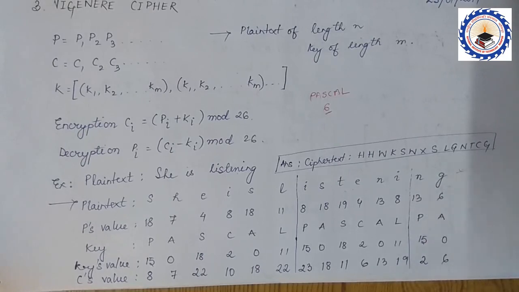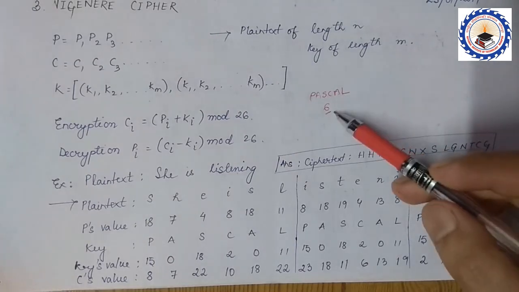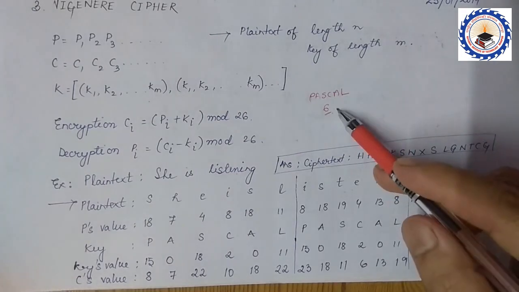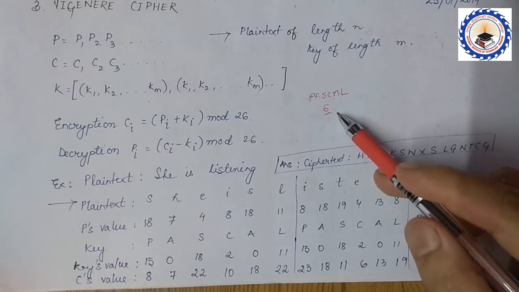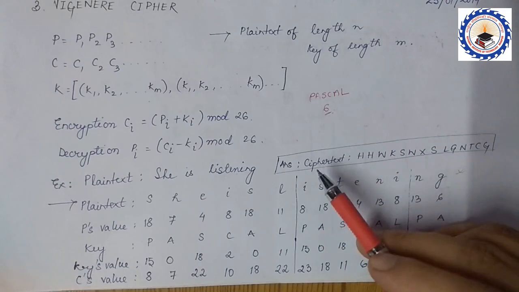If it is more than 6, you have to divide it and put the remainder in the last block. I mean, the last block can be equal to the length of the keyword or less than the length of the keyword. That is the only case you have to consider.